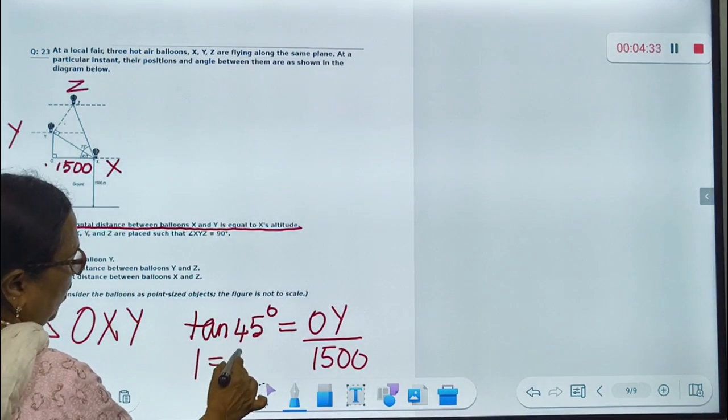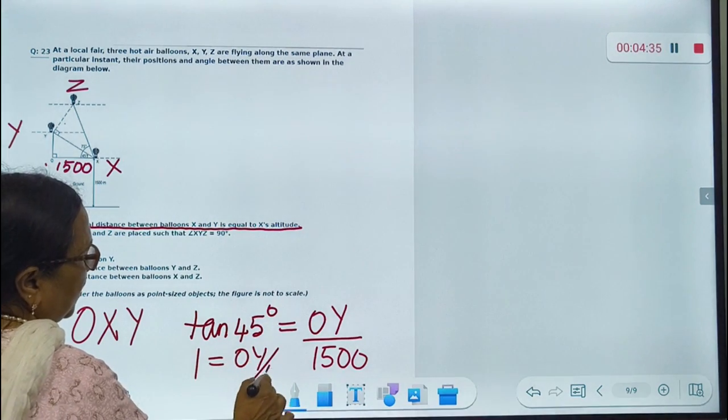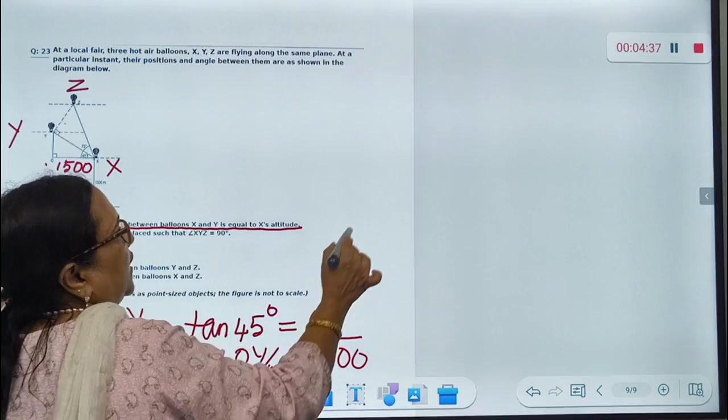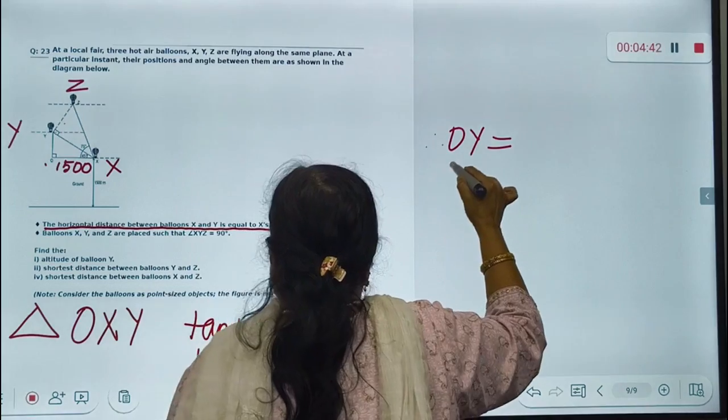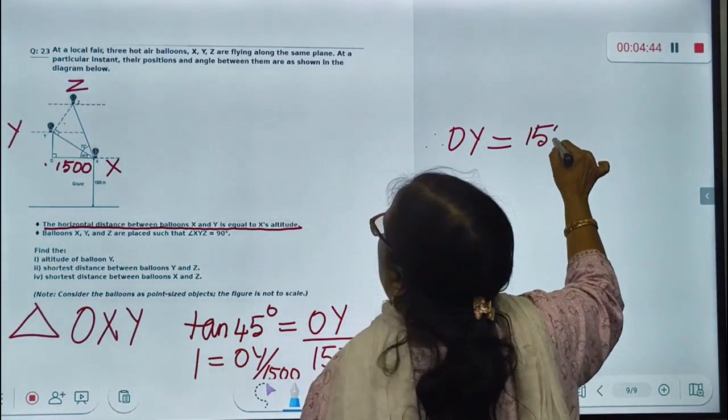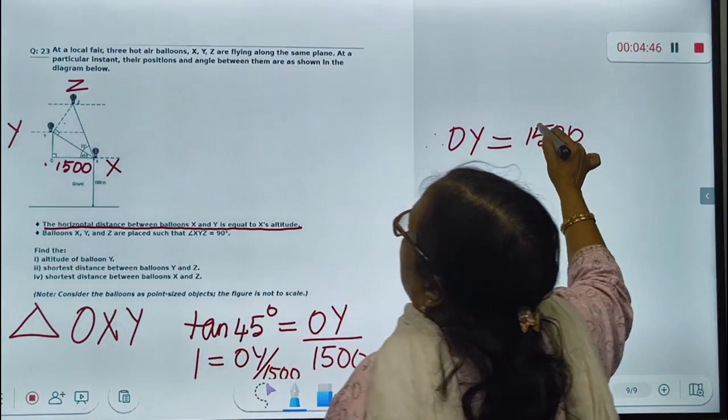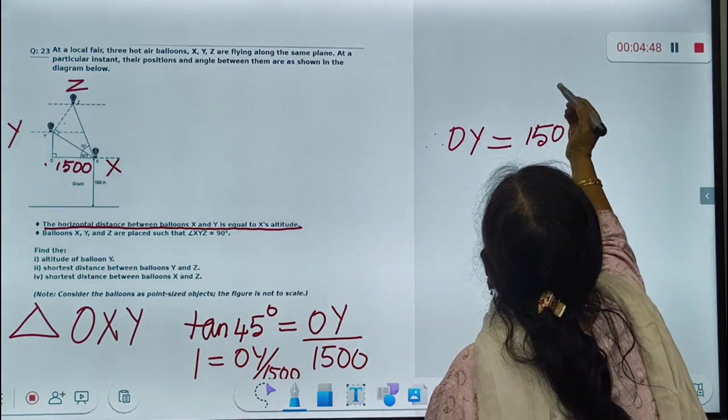And tan 45 is 1. So 1 equal to OY by 1500. Therefore, OY is equal to 1500 meters.